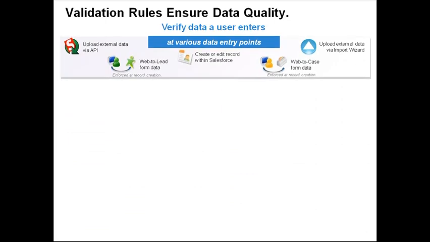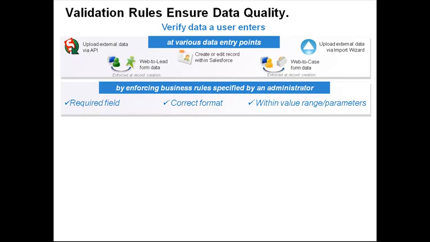Let's talk about validation rules. Validation rules are your best defense against bad data. You want to use them to verify the data that the user enters at various data entry points. They actually run at the database level, so they apply across the data entry points, from data upload to the end user interface, both in the standard and custom user interfaces.